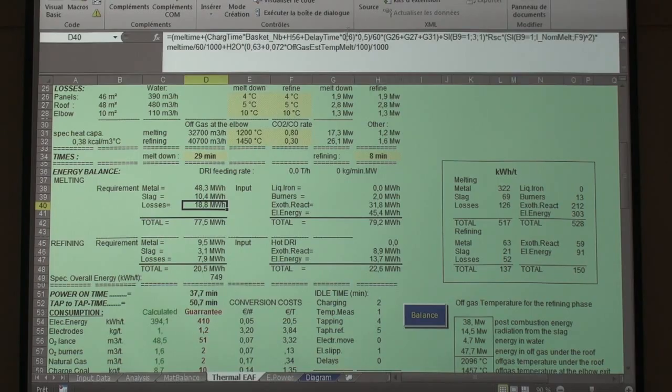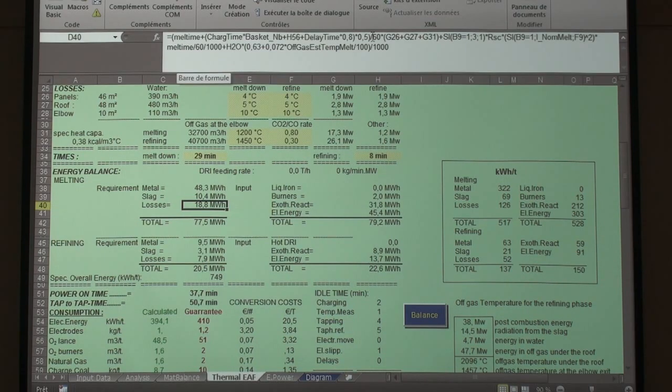I consider the delays having 80% of the importance compared to the other waiting time, because the furnace is going to cool down. And the delays are having half the thermal losses compared to the melting time.